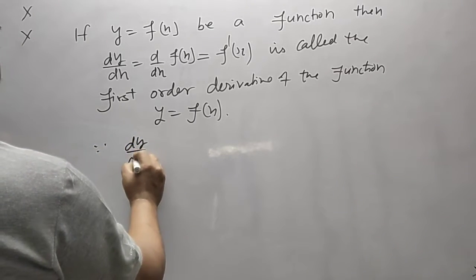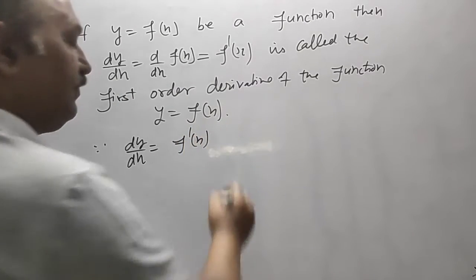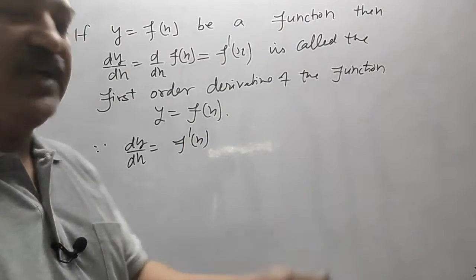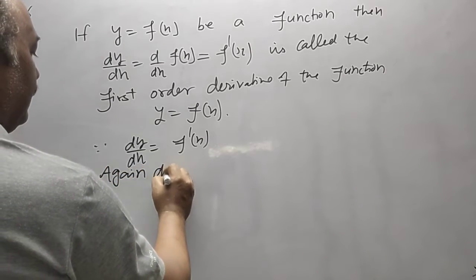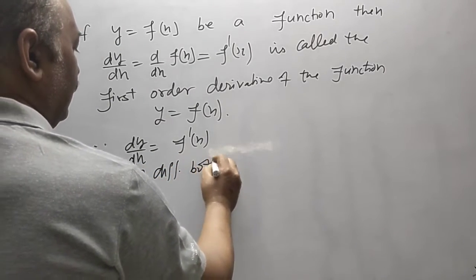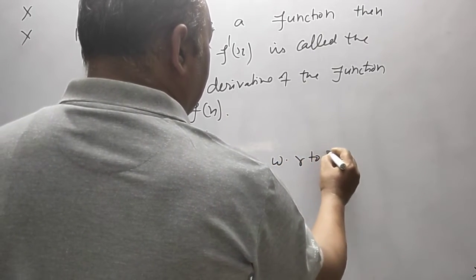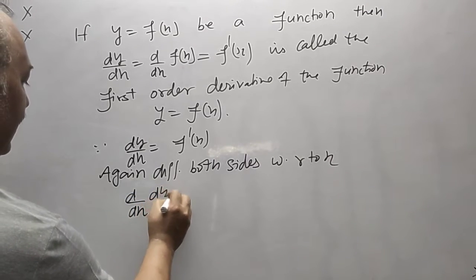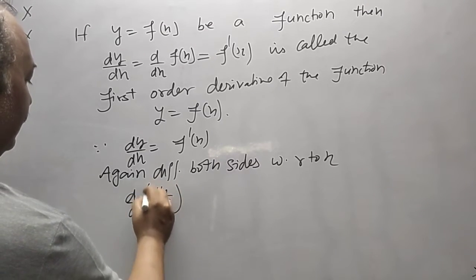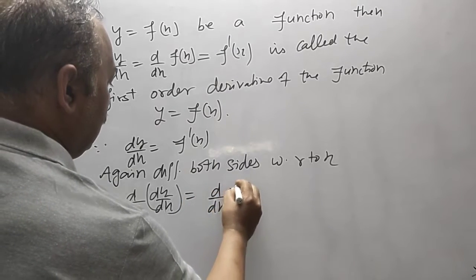Because dy upon dx is equal to f dash x, again differentiating both sides with respect to x, we get d upon dx of dy upon dx, that is equal to d upon dx of f dash x.